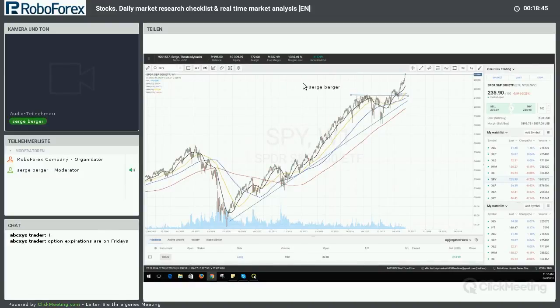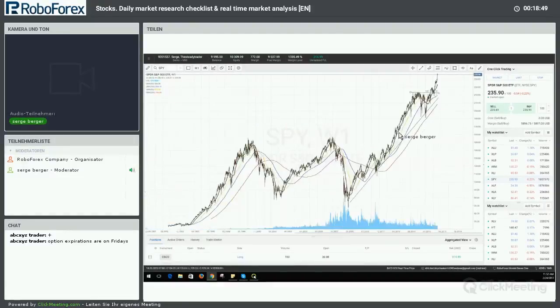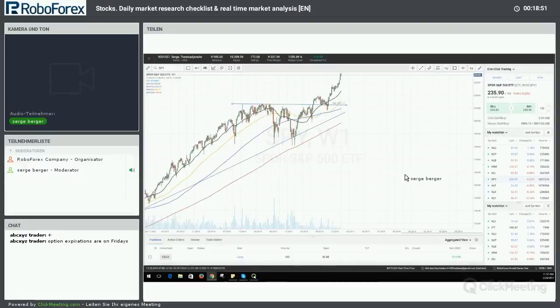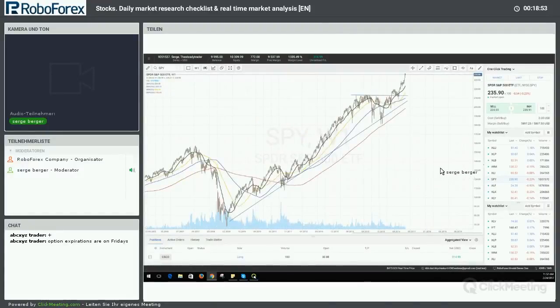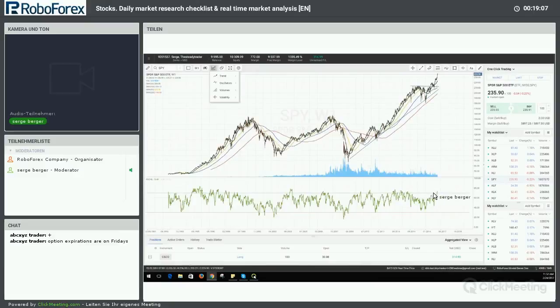All right, so there's not a lot of technical stuff to talk about here, but basically what I want to tell you is that the S&P 500 at this point is getting extremely stretched to the upside. We can add something very simple like a relative strength index, the RSI. The last time the relative strength index, or at least the one that I use, was this high was about 2010.